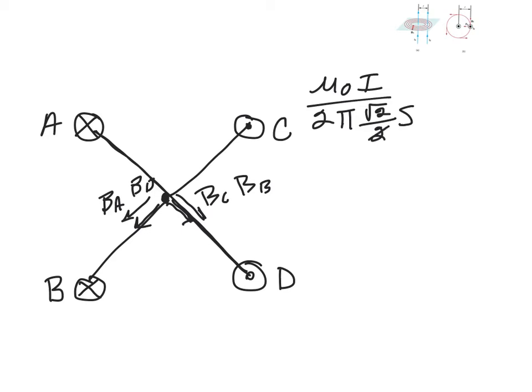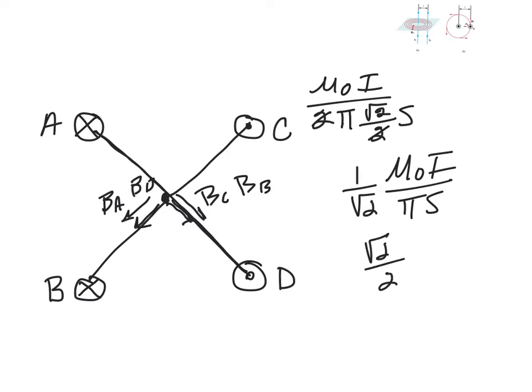The 2's are going to cancel. And so each vector is mu naught I pi over s times 1 over the square root of 2, which is the same as the square root of 2 over 2, or 0.707. So the magnitude of all those vectors are the same.